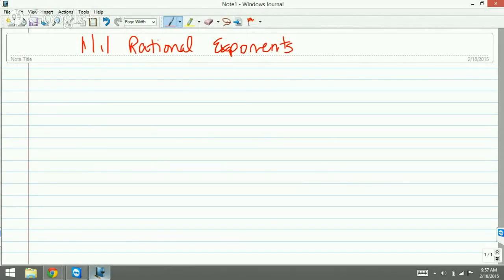So rational exponents. If you looked in your book, the book gives you 9 examples in this section. I'm probably going to give you 10, 12, 15 examples today, just so I cover as much as possible.